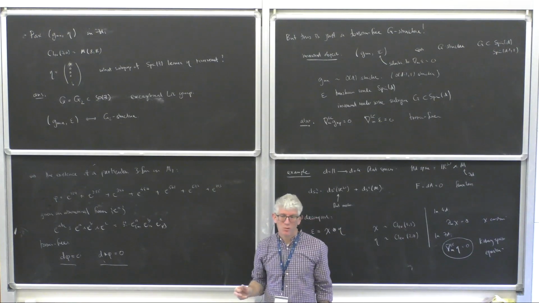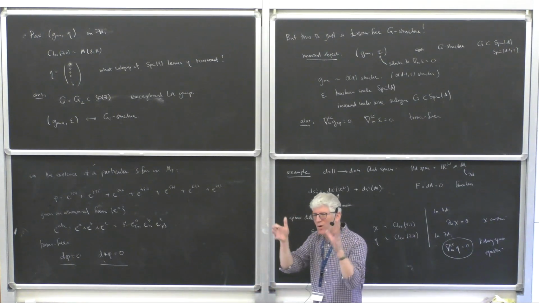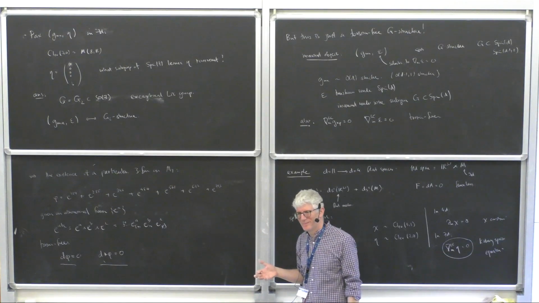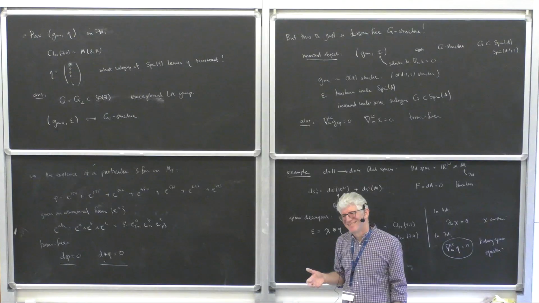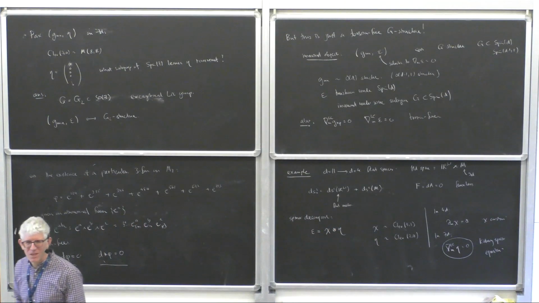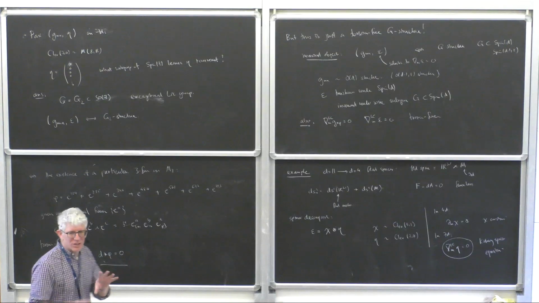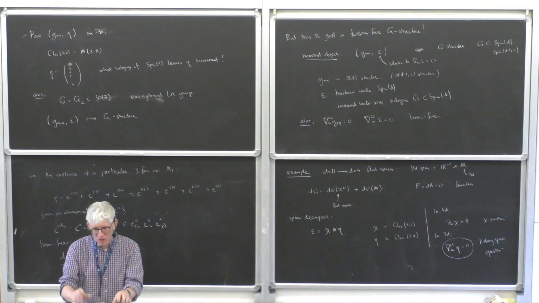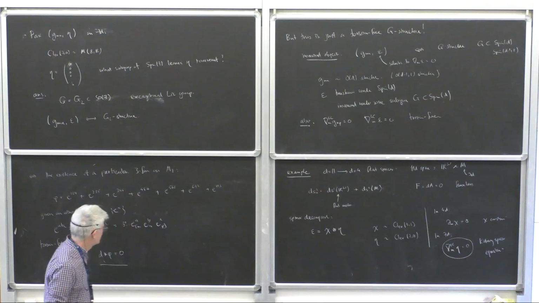It's not a symmetry of all backgrounds. Same way a black hole has certain symmetries, but a general solution of GR does not have those symmetries. So don't think of it as an invariance of the action. Think of it as a symmetry of a particular solution of the action.